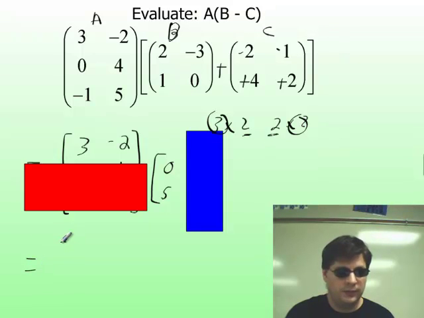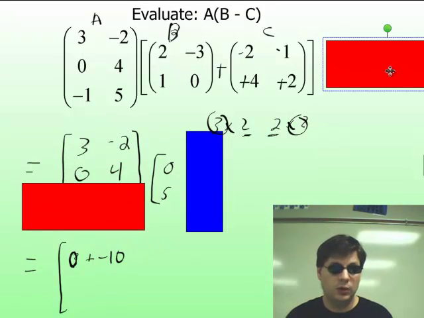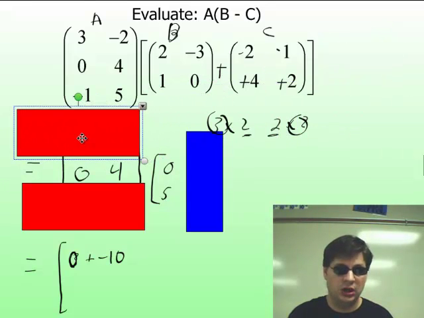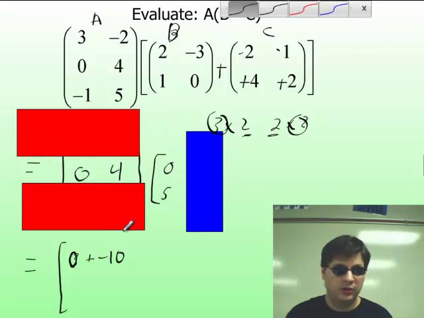We'll start off by multiplying 3 with 0, which gives us 0. Then -2 times 5 is -10. Now I'm going to cover up the bottom row and the top row so that we're focused on just the second row. And we're moving down vertically in our product matrix.